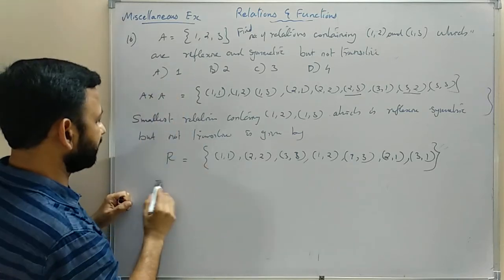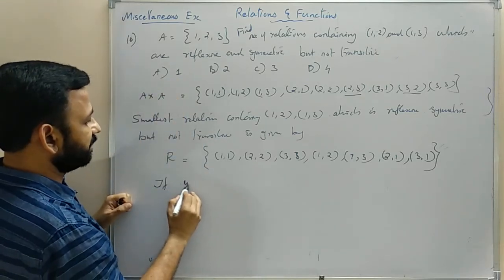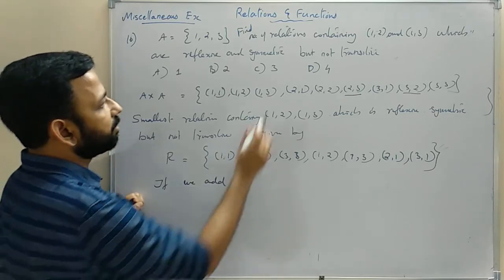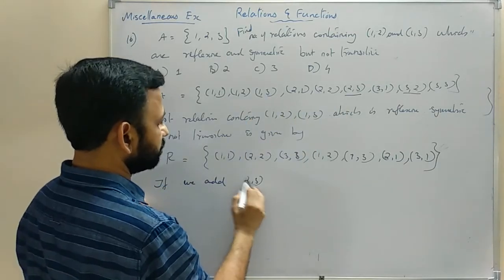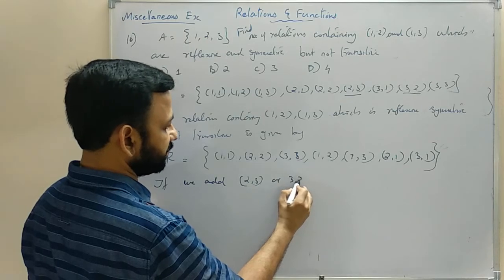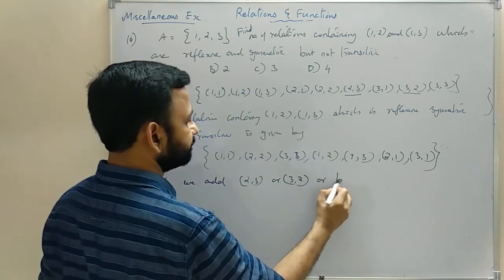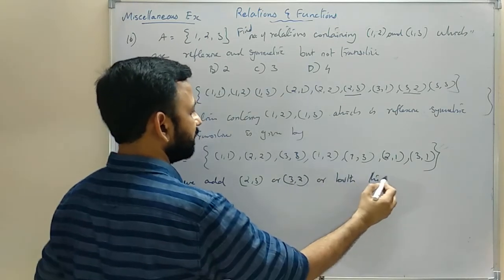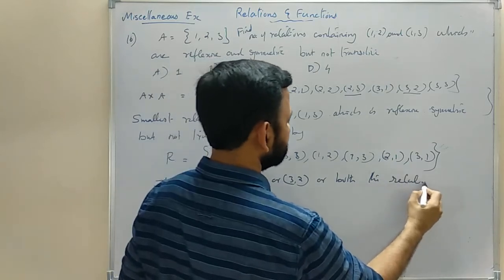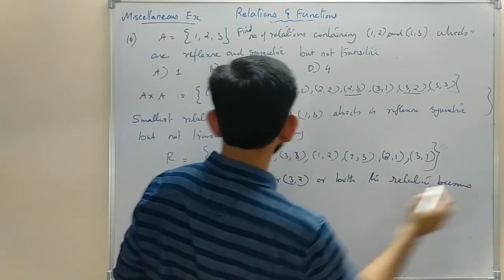So here we can write: if we add the ordered pair (2, 3) or the ordered pair (3, 2) or both, the relation becomes transitive.